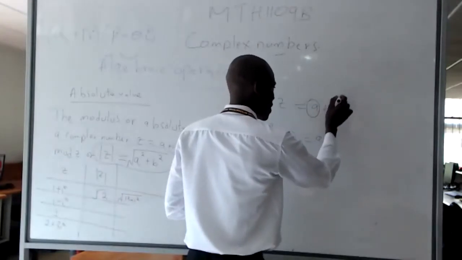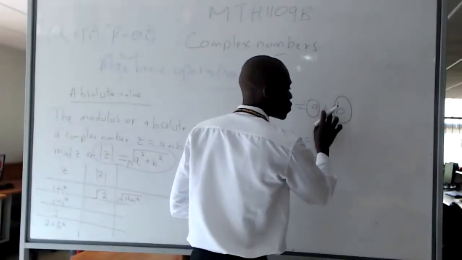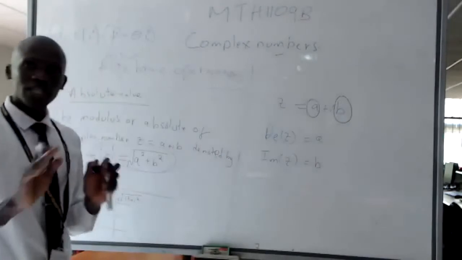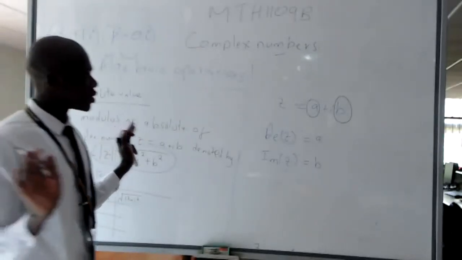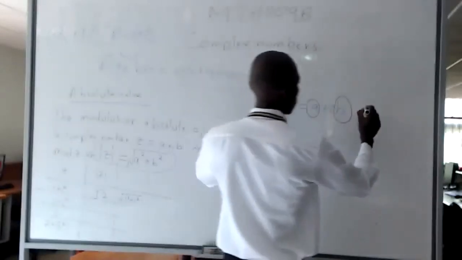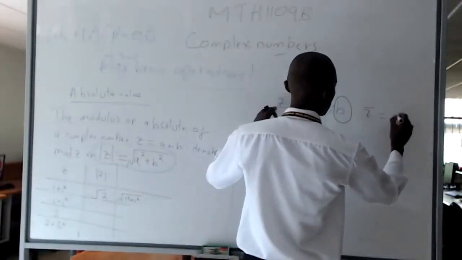For the real part, I just take A. Imaginary part, I just take this B. Don't include the I. Imaginary part is just the coefficient of I, full stop. So we now know that the complex conjugate of this is A minus BI.